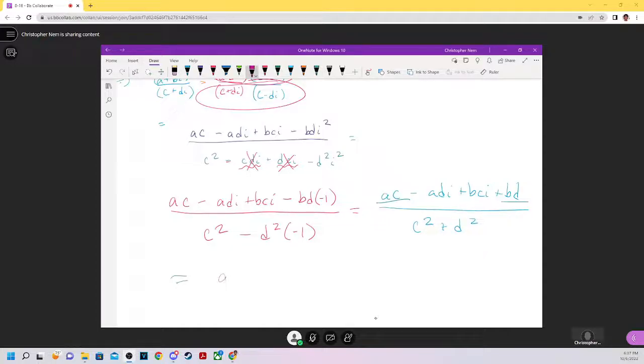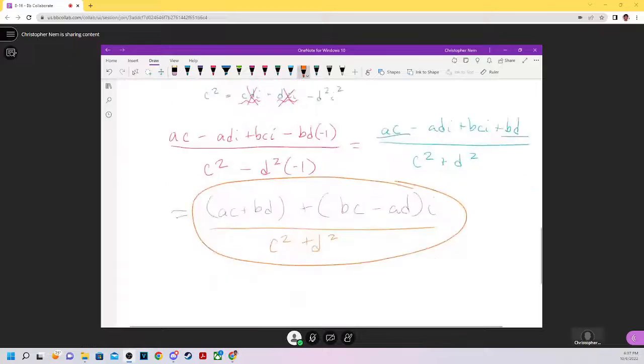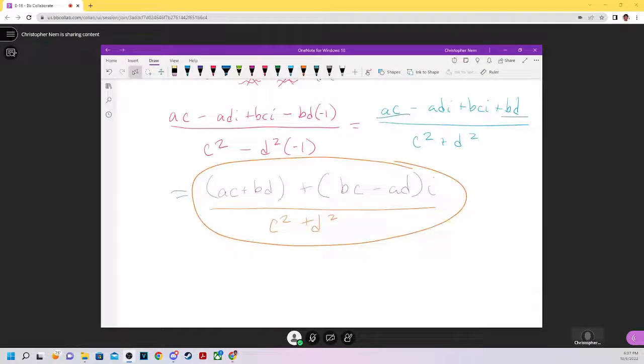It's going to be AC plus BD, that's the real component of my new complex number, and then plus BC minus AD times i. I just rearranged, putting AD second rather than first. All over C squared plus D squared. So this is how we're defining division. And if that is confusing, you can treat it as just rationalizing. That makes the problem much, much easier to work with.